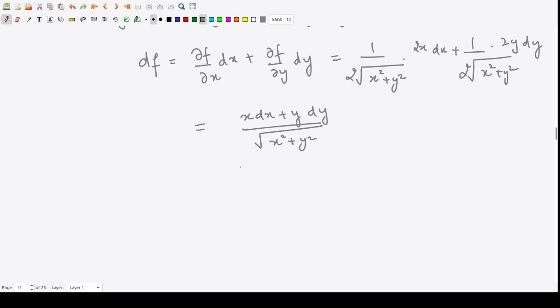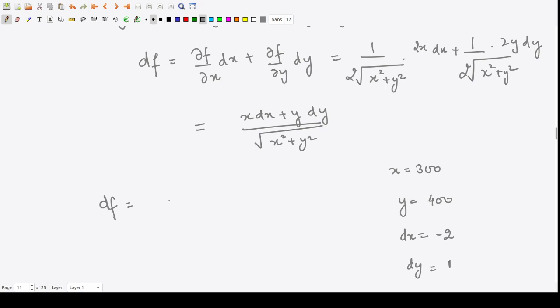Now what would be your df? Because your x is equal to 300, y is equal to 400, your dx is equal to minus 2, and your dy is equal to 1.